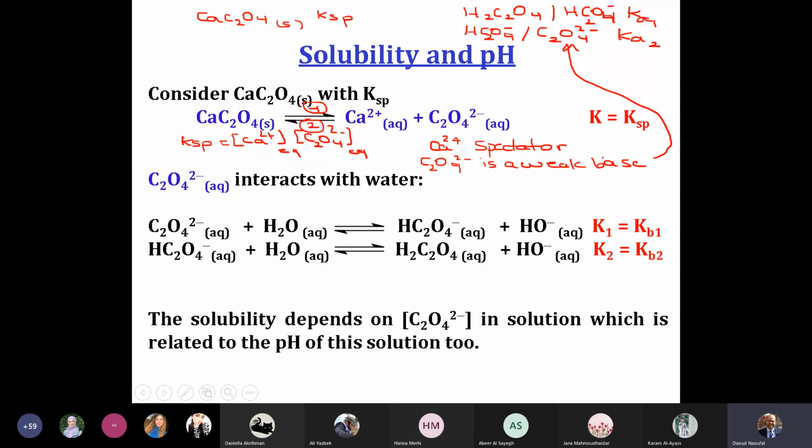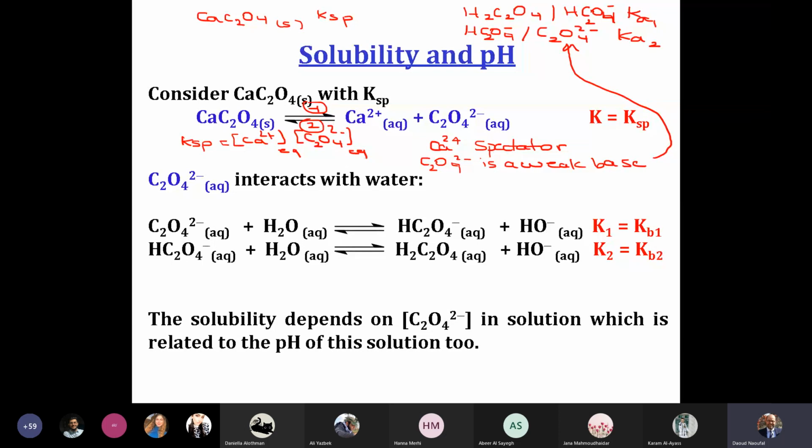That means if you add H+, it will react with C2O4 2-. So C2O4 2- will decrease, and in this case, CaC2O4 will shift in direction 1. So the pH has a strong effect on the dissociation of CaC2O4.